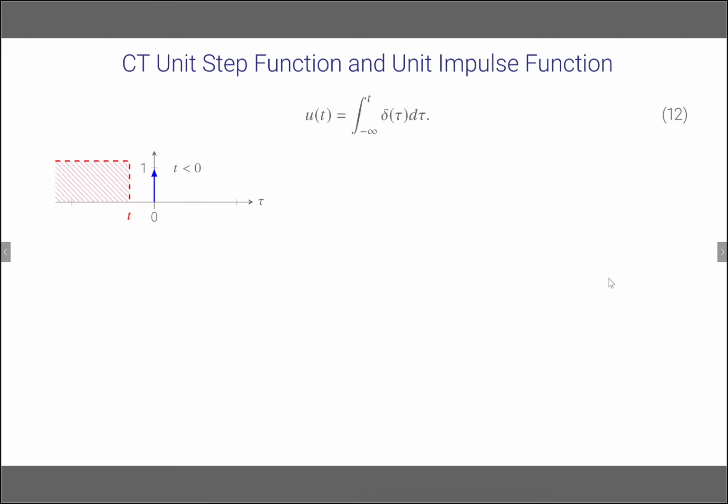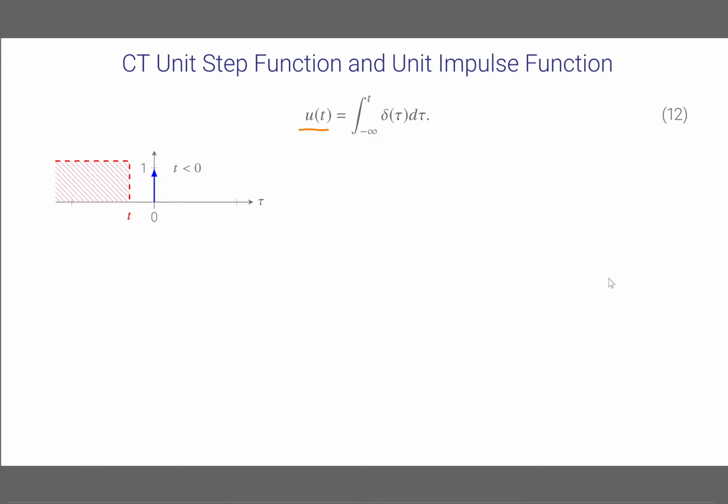Alright. Now let's look at other interpretations of relationships between the CT unit step function and unit impulse function. One relationship is u(t), as you might expect, is the integral from minus infinity to t of delta(tau) d tau, where tau is the dummy variable. So we can see that as we did before.